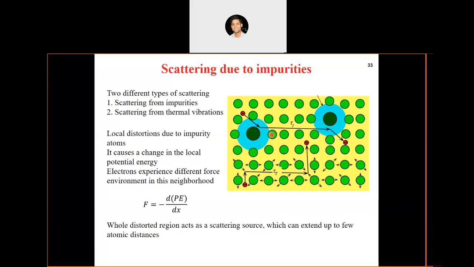Because of this distortion, the scattering cross section will also be larger, because the potential energy will be different than the potential energy in the pure matrix. So this whole area will be the scattering cross section. That's why we are saying that the scattering cross section, because of the impurities, can extend up to a few atomic distances also. Is that clear?